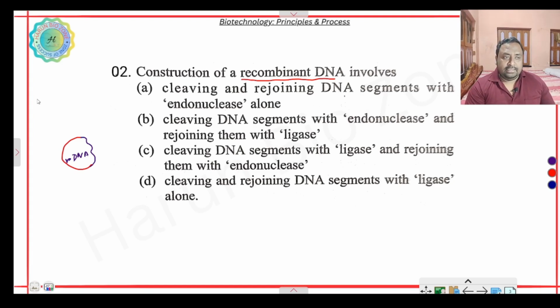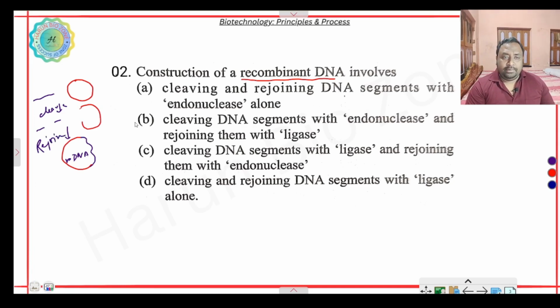This is the foreign DNA and this is the vector DNA. Clear? First use restriction endonuclease to cut the foreign DNA and the vector DNA into small fragments. Here we cleave, then again rejoin by enzyme ligase.